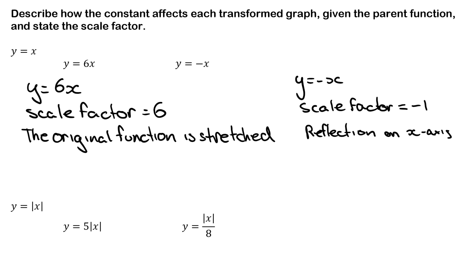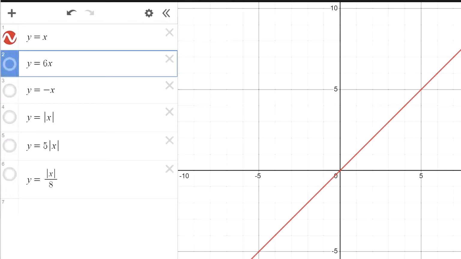Before we move on, I'll show you a graph of this. On your screen, you can see the original function. When there's a scale factor of 6, it is stretched vertically upwards. And if we have a scale factor of -1, there's a reflection on the x-axis.